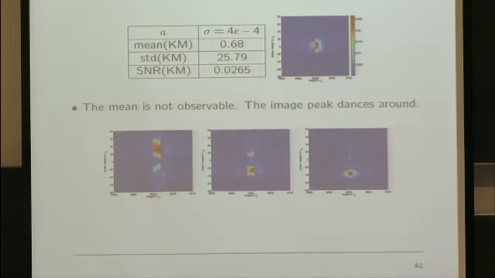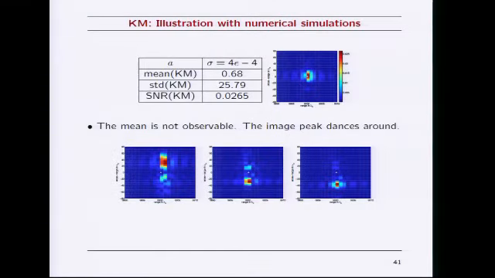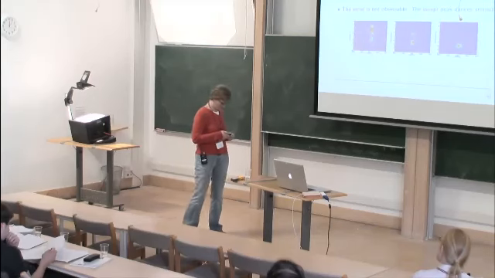If you compute the image in different realizations of the random medium, what you see is that the image sometimes doesn't focus so well, but even if it focuses, the peak dances around. So this image does not look at all like the image I showed you before, because that one came out of data computed from solving the wave equation.